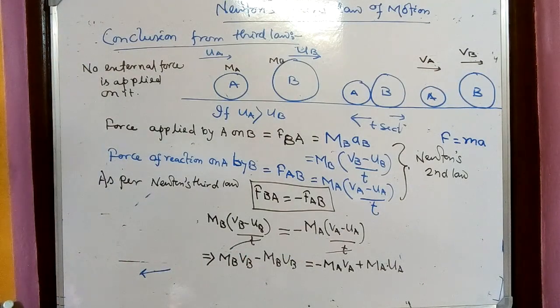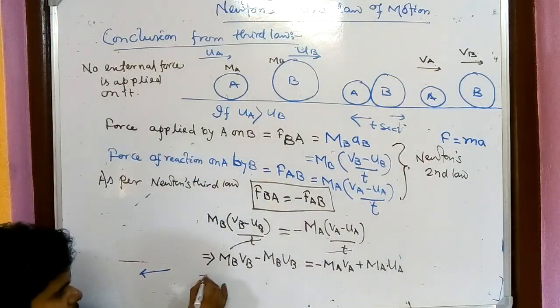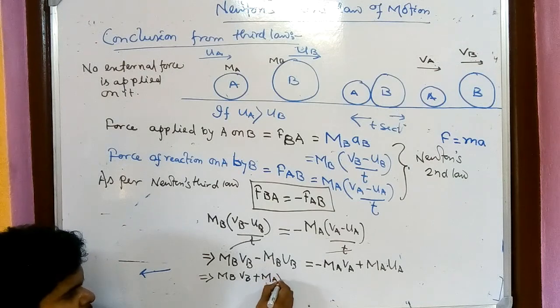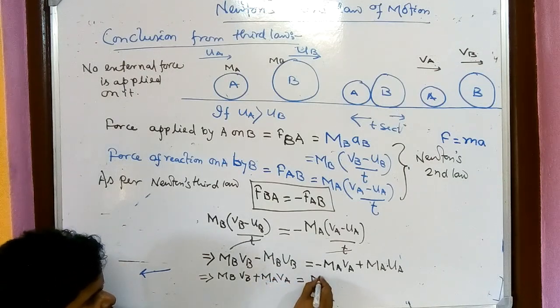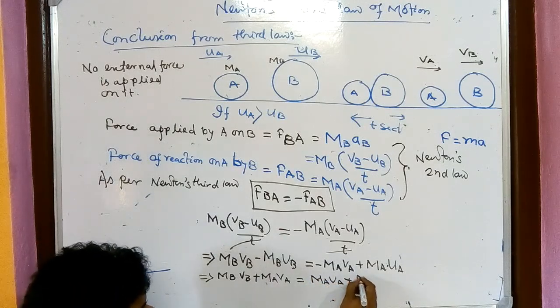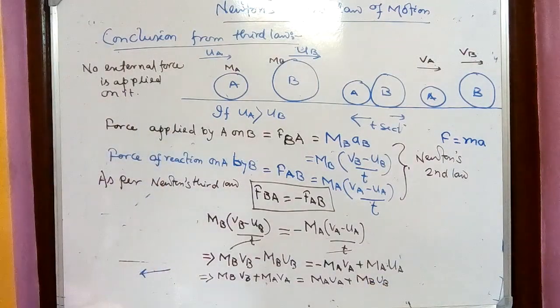Now you see what we are doing: we are taking MAVA to this side, so that is MBVB plus MAVA should be equal to MAUA plus MBUB. Now I think it is a little clearer.